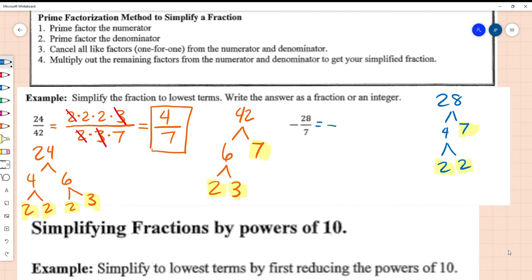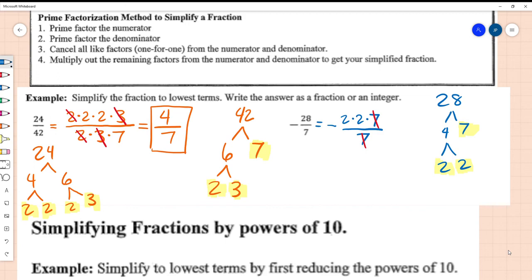Something interesting happens with this problem. We write the numerator as 2 times 2 times 7. The denominator is just 7. So we cancel what's in common, 7 and 7, and what we have left over is just 2 times 2 on the top.